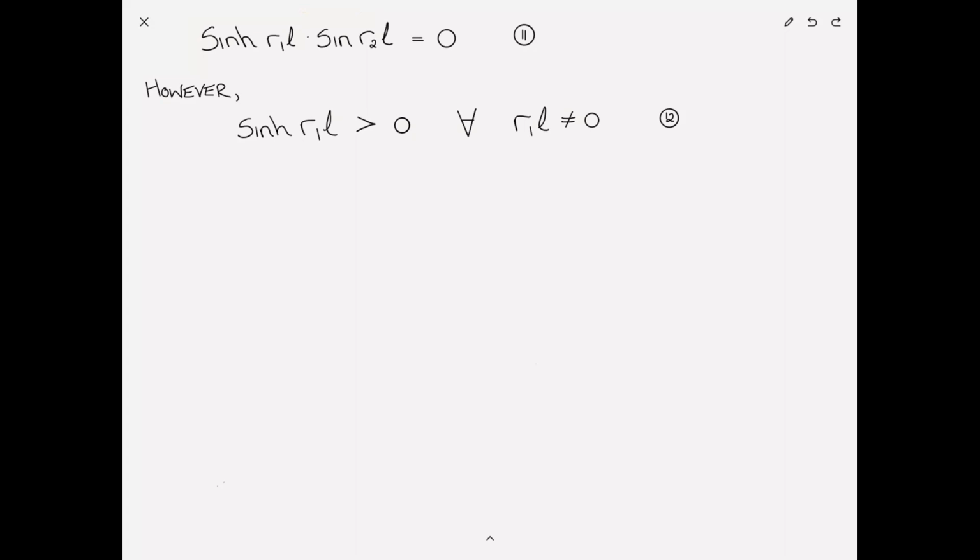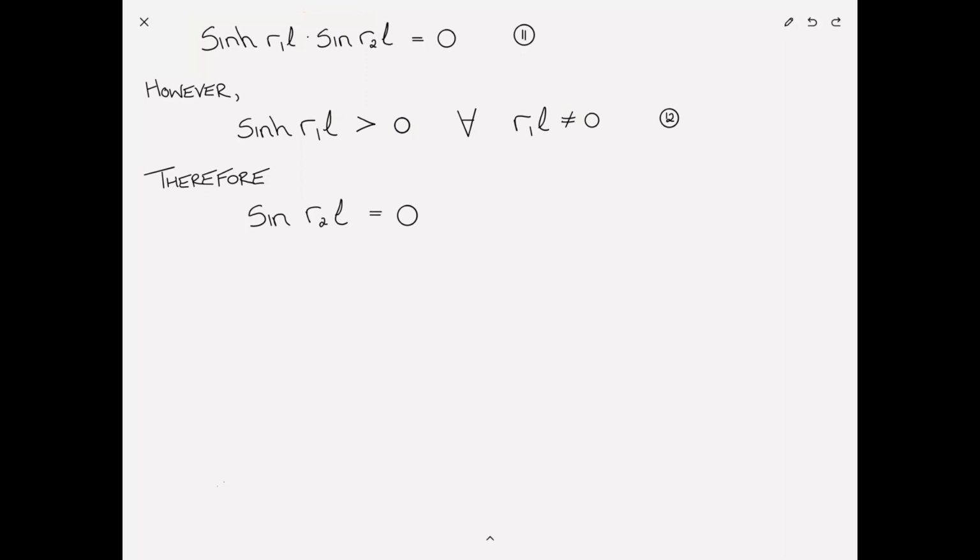Call this equation 12. So therefore, if sinh R1L is not 0 for all values of R1L not equal to 0, the conclusion must be that sine R2L must be equal to 0 at all times.